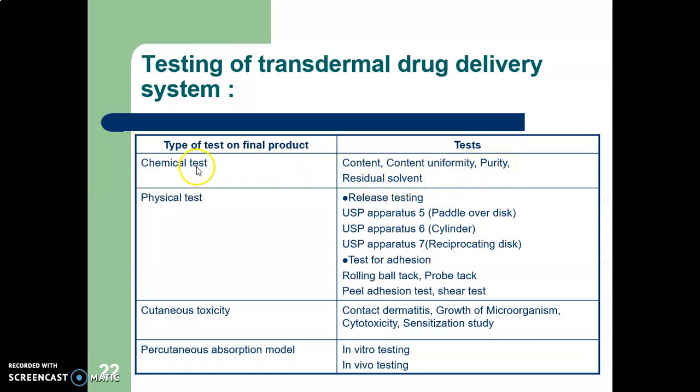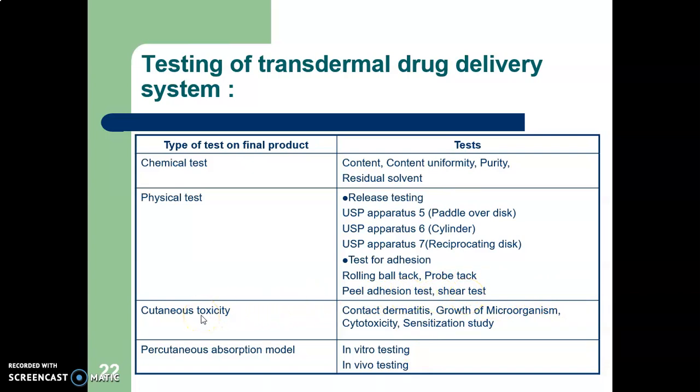Physical test includes the release of the drug from the transdermal patches, and the release of the drug is determined by using three different USP apparatus: apparatus 5, paddle over disc, 6, cylinder type of apparatus, 7, reciprocating disc. The physical test also includes the test for adhesion, and the adhesion of the film is determined by the rolling ball tack test, probe tack test, peel adhesion test, and the shear strength test.